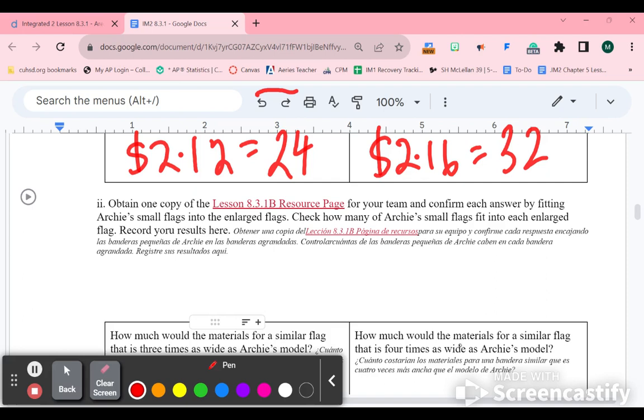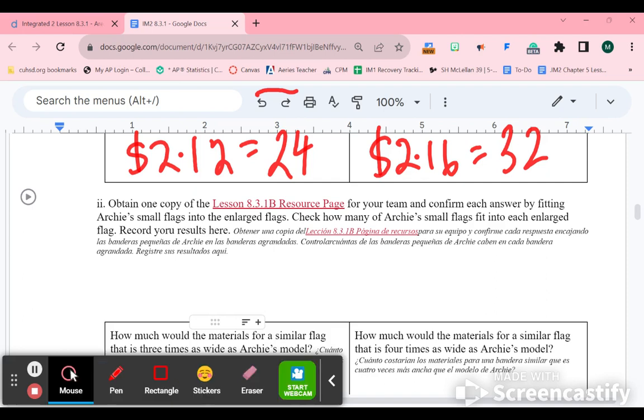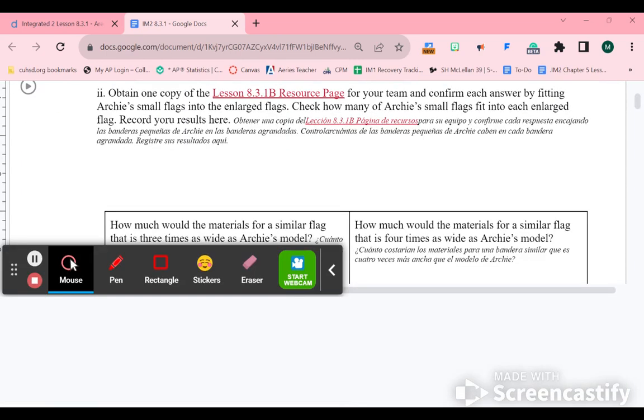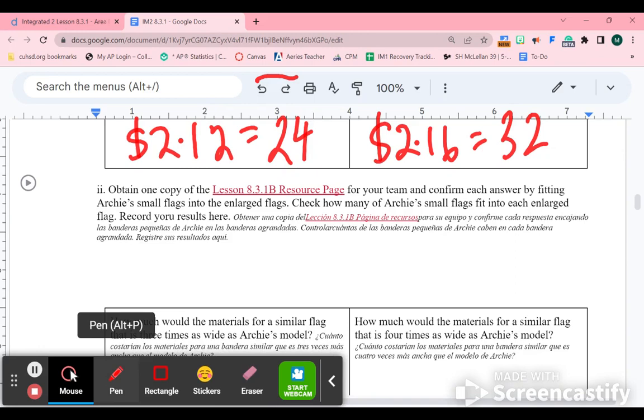Okay, I'll go back here. So we just checked, and we got that for the flag that is 3 times the length, 9 little flags fit in.